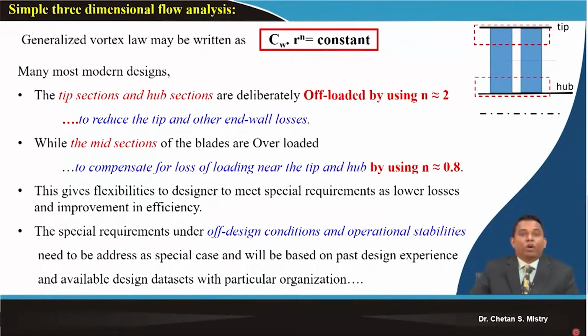To have wider operating range under off design condition, some design strategies need to be modified, depending on the experience the designer has and the strategies decided by the engine manufacturing company. Particular organizations have certain rules and follow certain laws in order to design those transonic compressors and fans.